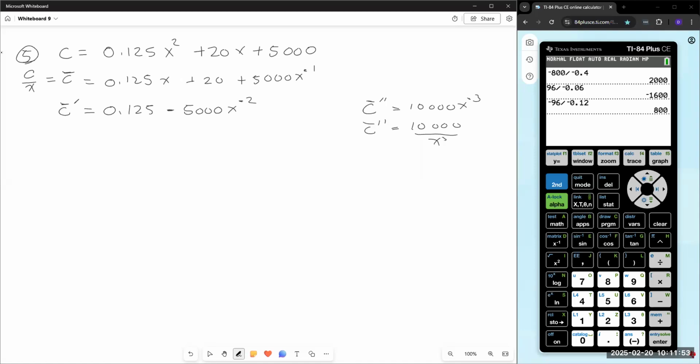So now we're going to set this equal to 0, and we're going to solve for x to the negative second here.